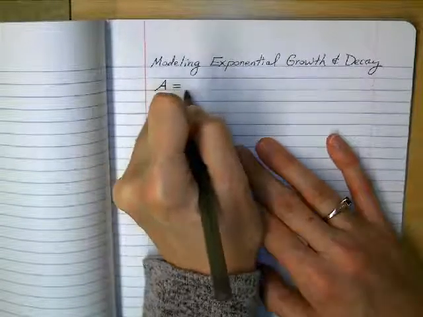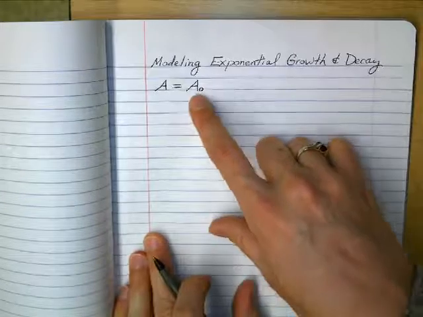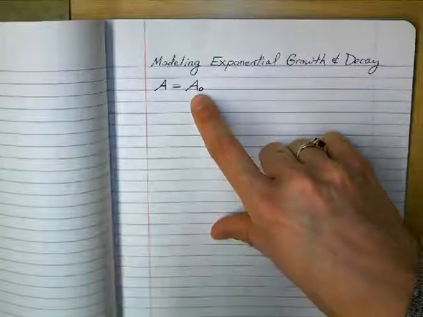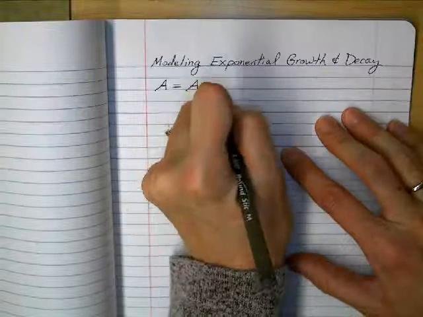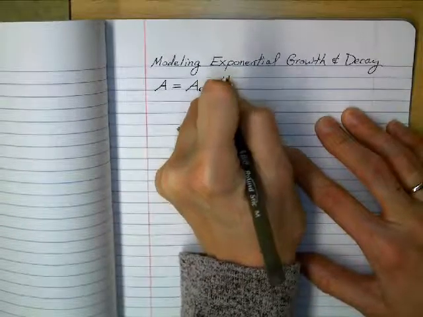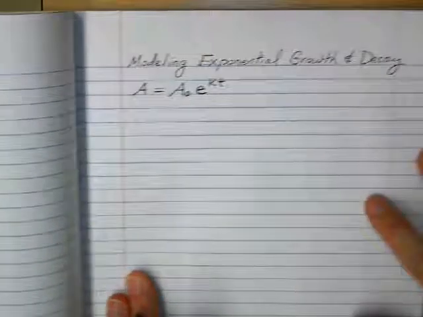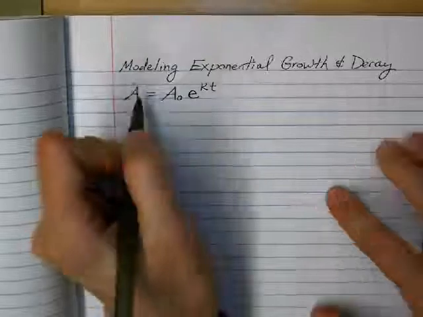It goes A equals A sub 0, kind of like the initial amount. They put A0, that means initial amount, times e to the kt power. That's the formula we're going to be working with.